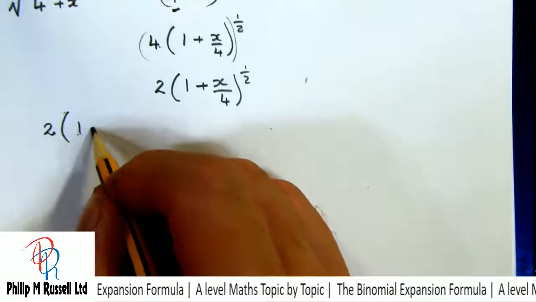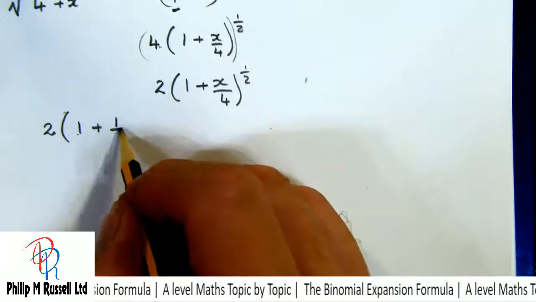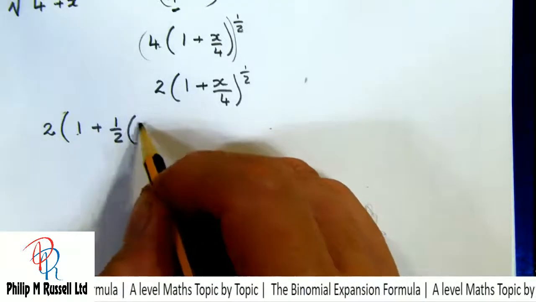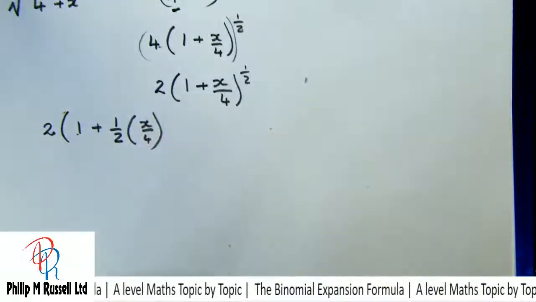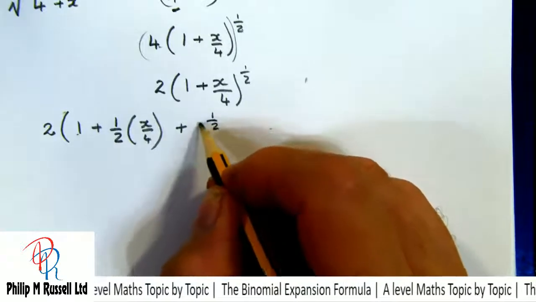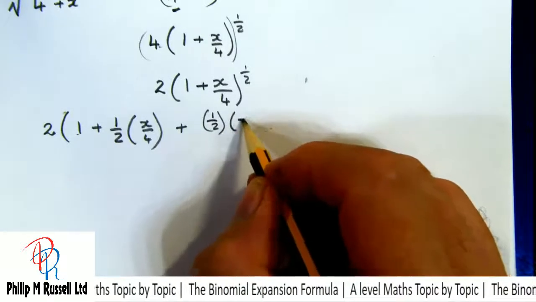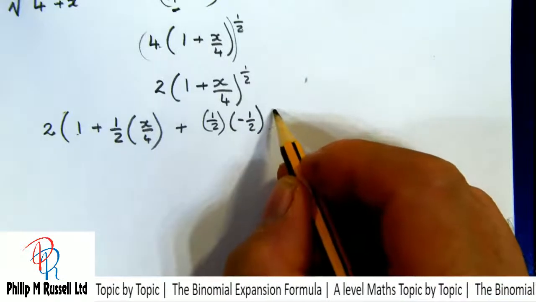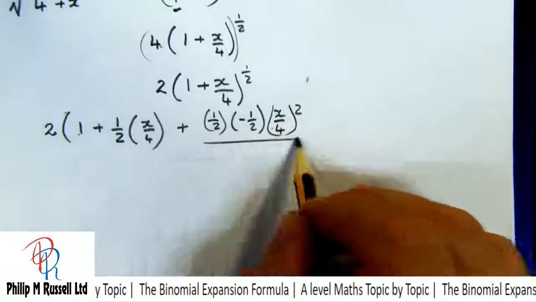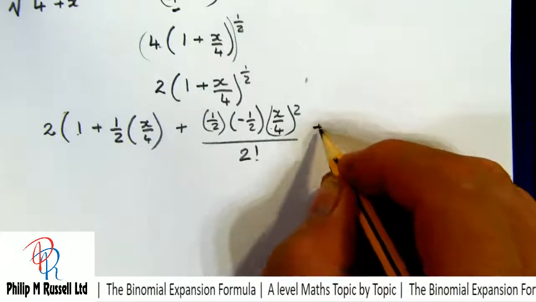This is going to be 1 plus, and then it's going to be my number, which is a half, and I'm going to times that by x over 4, plus my next bit is going to be a half, and then a half minus 1, which is going to be minus a half, times x over 4 all squared, all over 2 factorial, which is 2, and then let's do one more.